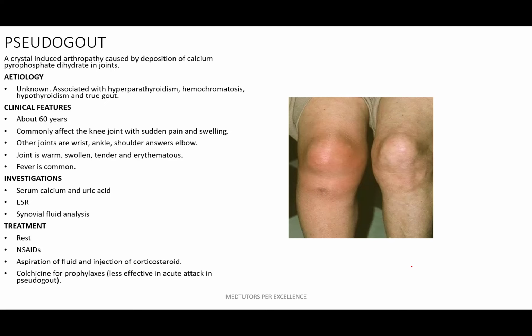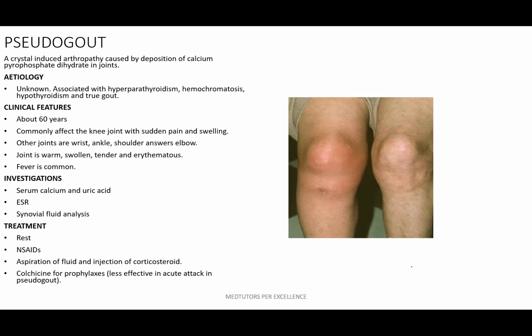When you do an aspirate in gout, it's the urate crystals you find. And here, aside from the calcium pyrophosphate dihydrate, you also have elevated white blood cell counts in the fluid. So for treatment, rest. You can see rest is very important in all joint lesions.